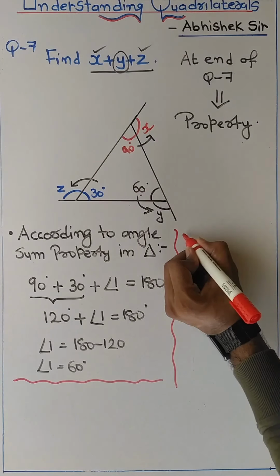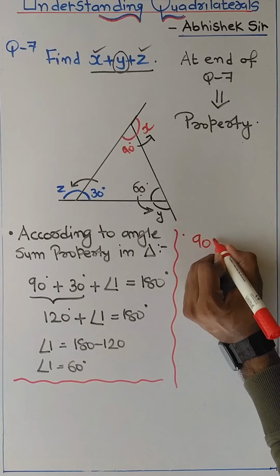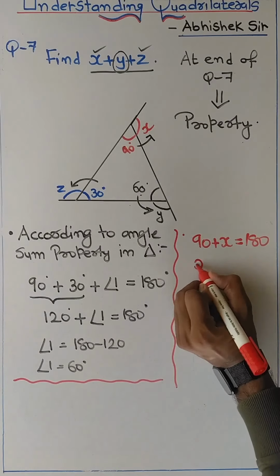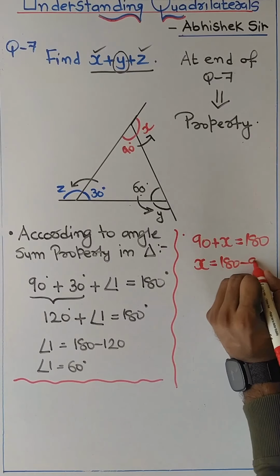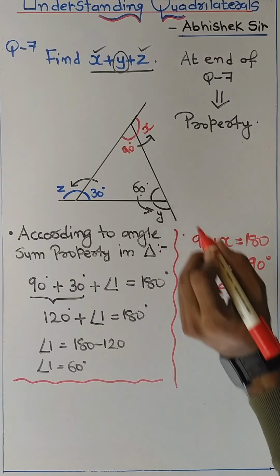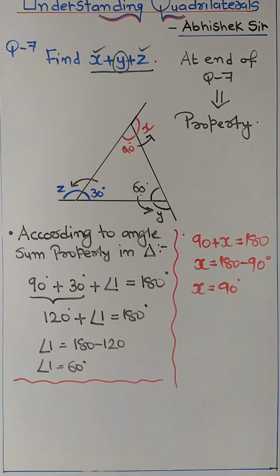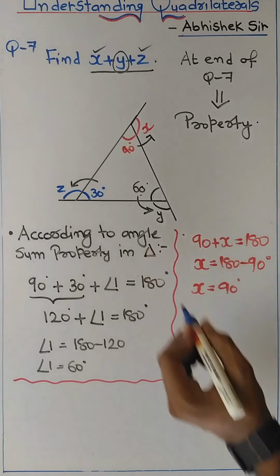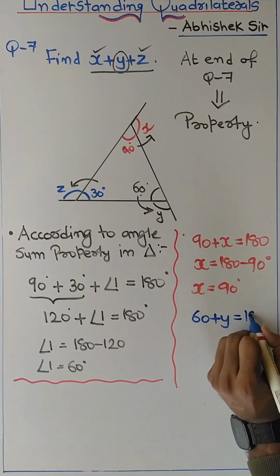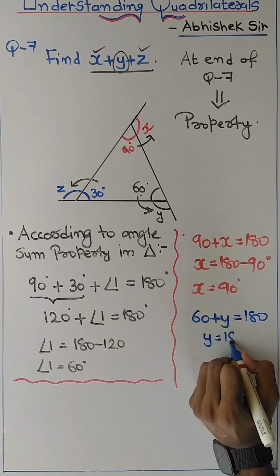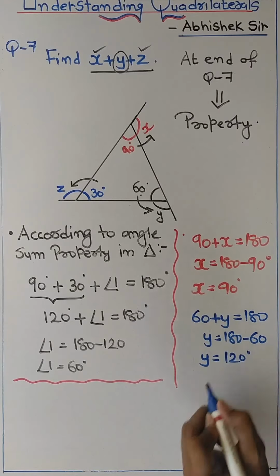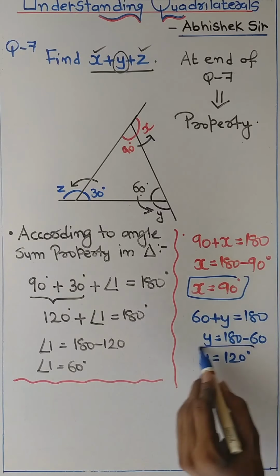Let us start with x, right? So first we'll start with x. So 90 plus x equals 180. So what is x? It is 180 minus 90. So x becomes 90, right? So x we got. Okay, same way let us find out y. So it is 60 plus y equals 180, y equals 180 minus 60, so y equals 120. See, we got x, we got y.